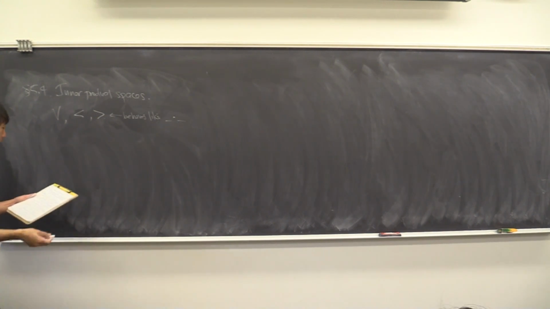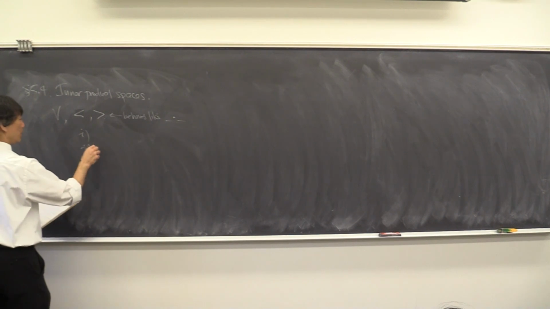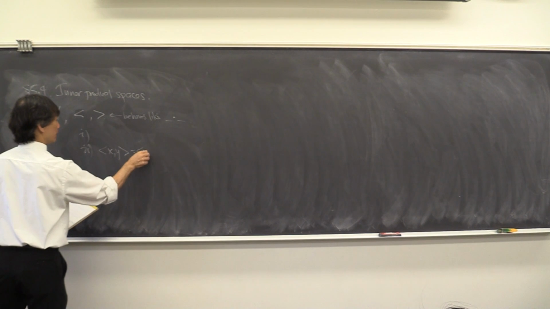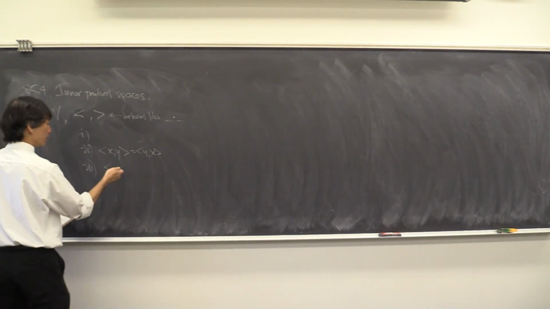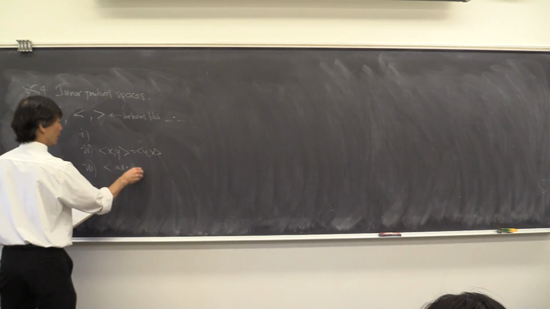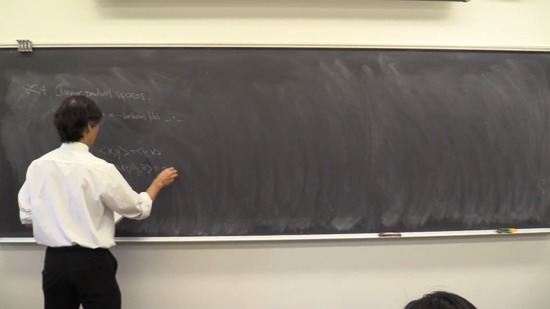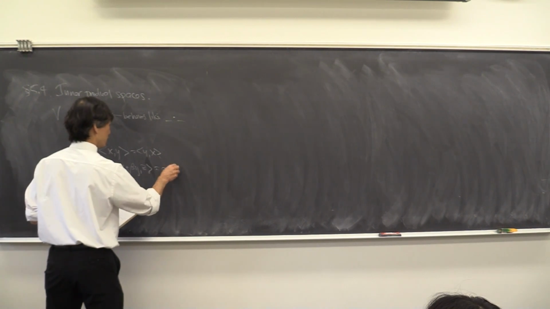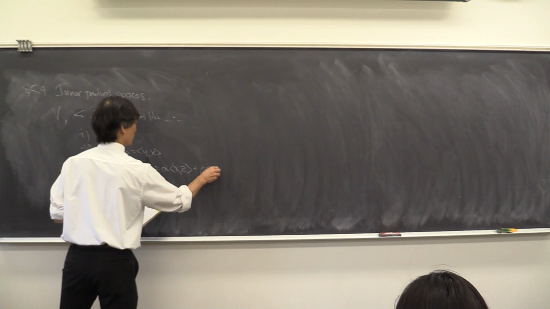Okay, in the sense that it's commutative, right? xy equals yx. It's got a distributive property. It's linear in the first variable: alpha x plus beta y, comma z, equals alpha x against z plus beta y against z.